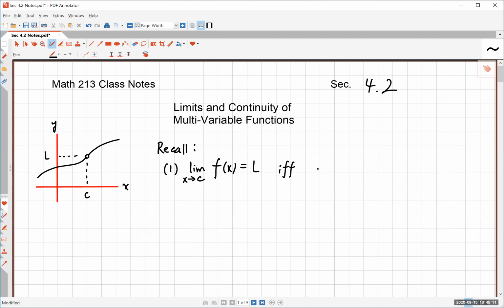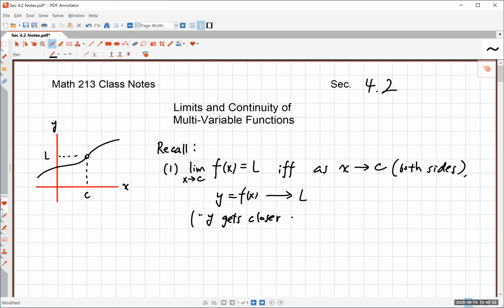If and only if, as x approaches c, and an important point here, from both sides or from both directions, f of x, which is y, approaches L. So we say y gets closer and closer to L as x gets closer and closer to c.